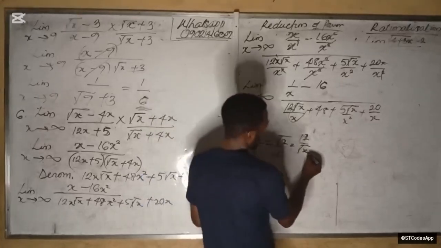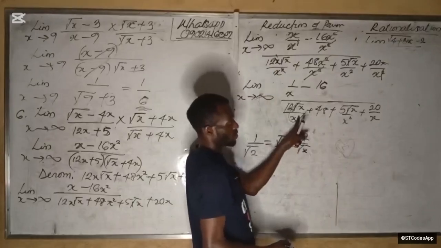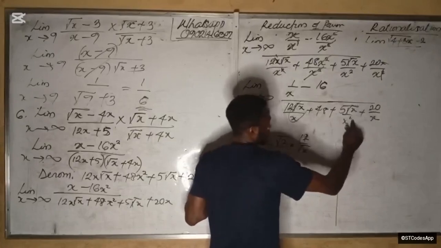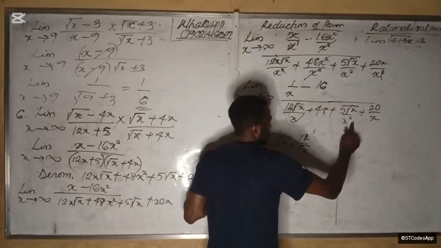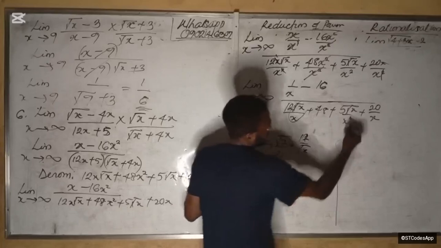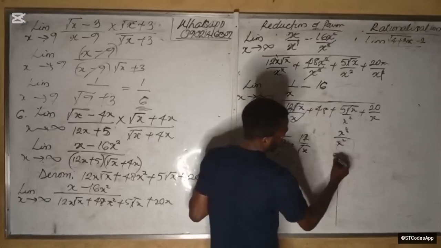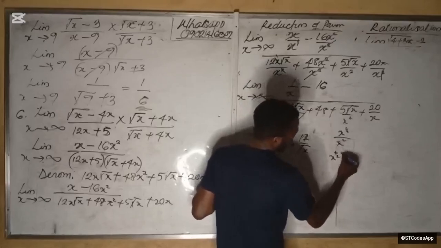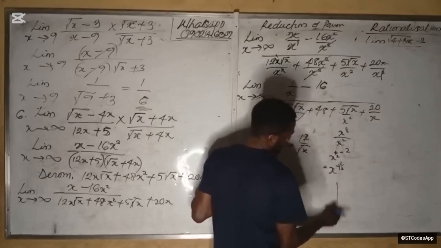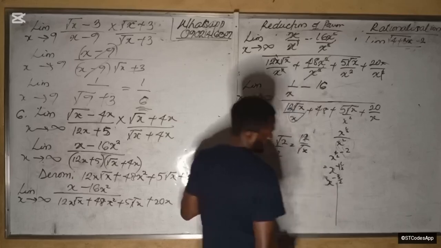So if this one is raised to power 1, then this one is raised to power 2. This will be x raised to power 1 over 2 over x squared. I'm trying to solve it. So x raised to power 1 over 2 minus 2 becomes x raised to power minus 3 over 2.